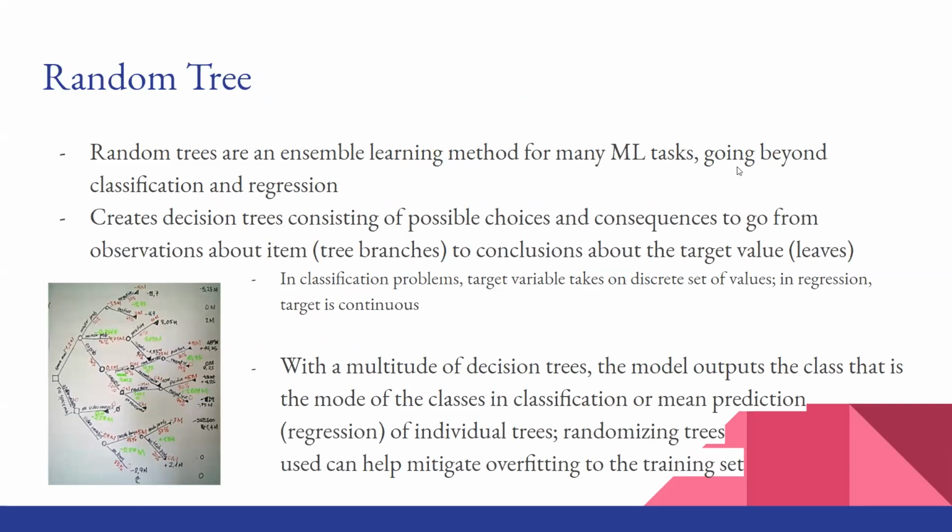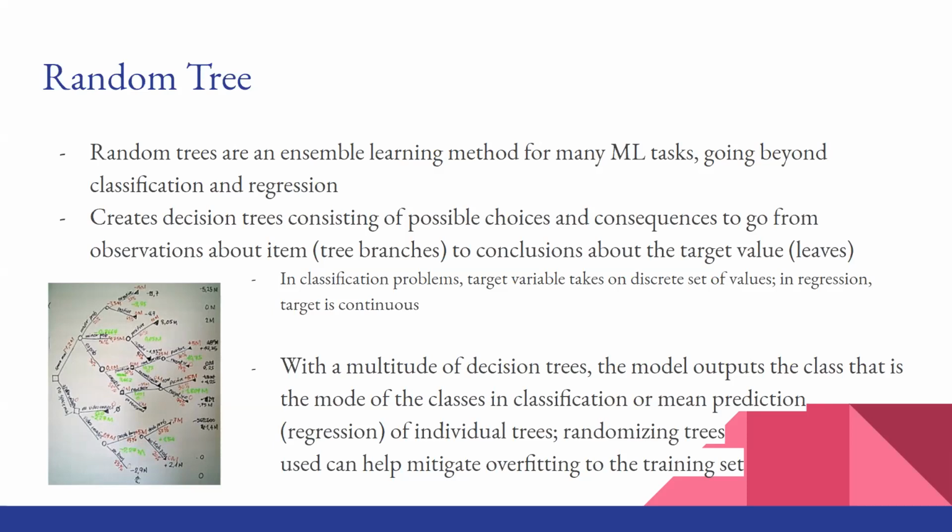So, moving on to random trees. These are an ensemble learning method for many ML tasks, in that they tie together multiple techniques, some of which being the things we've already talked about, and can solve problems other than classification and regression, since, of course, machine learning goes far beyond that.